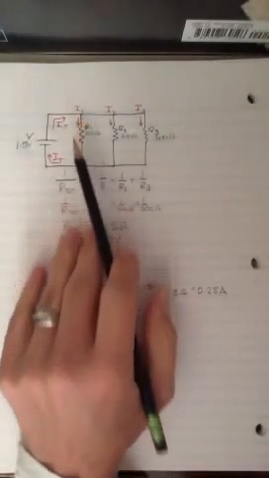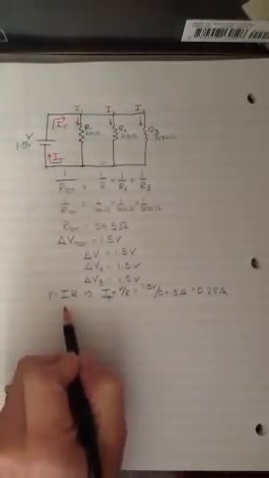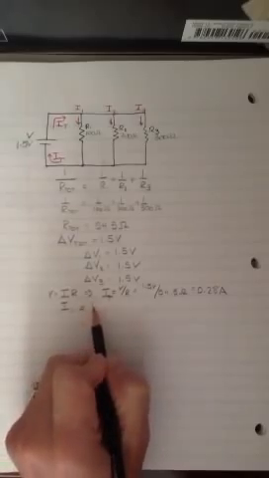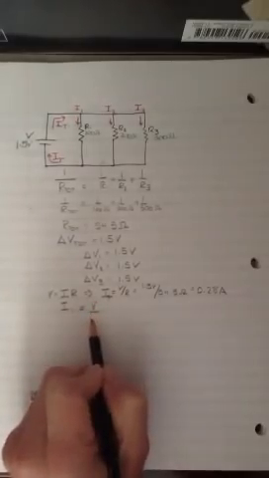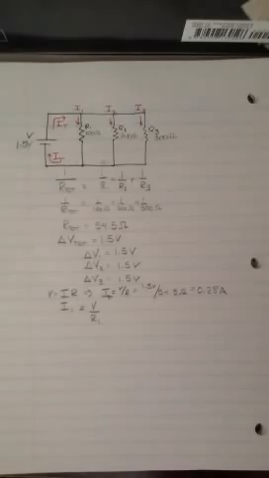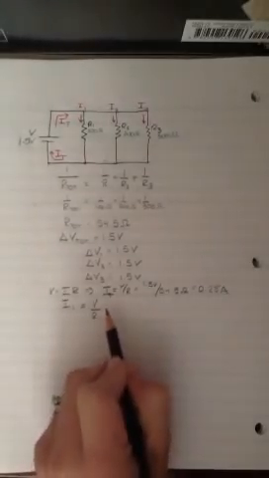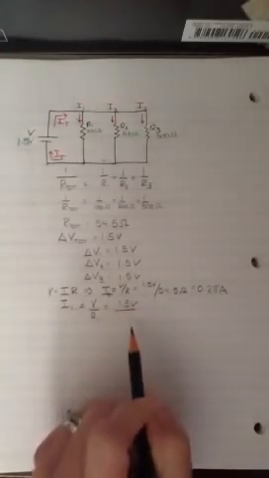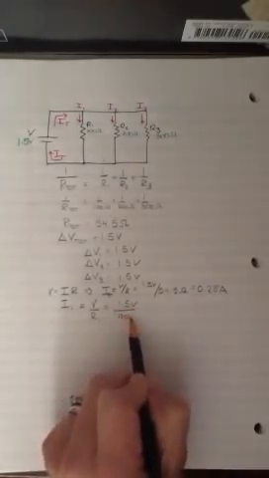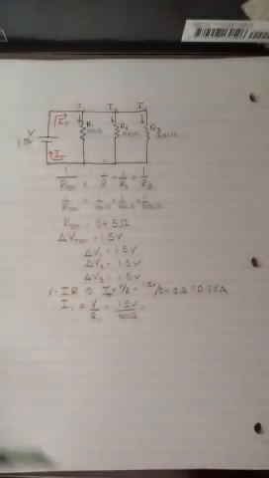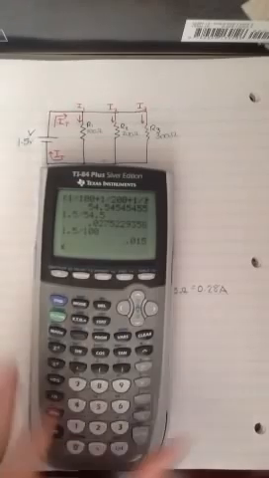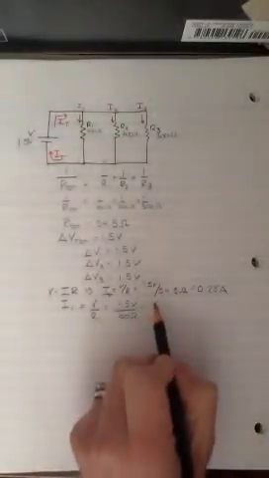Let's now find the fraction of the current that flows through resistor 1. 0.015 amps.